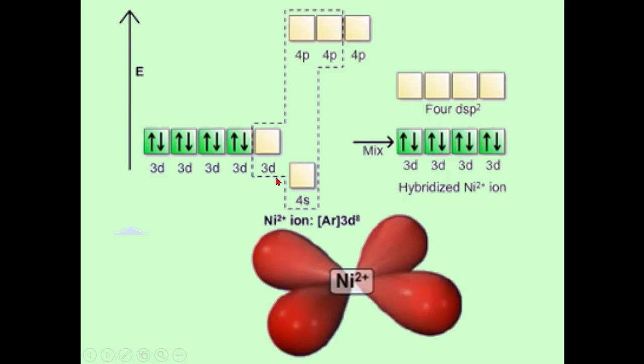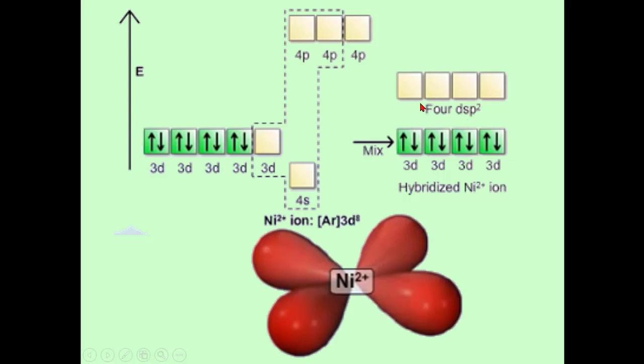You may remember each hybrid orbital is named according to its combining orbitals. So you may count here: one d orbital, one s orbital, and two p orbitals. Therefore the name has to be dsp2.